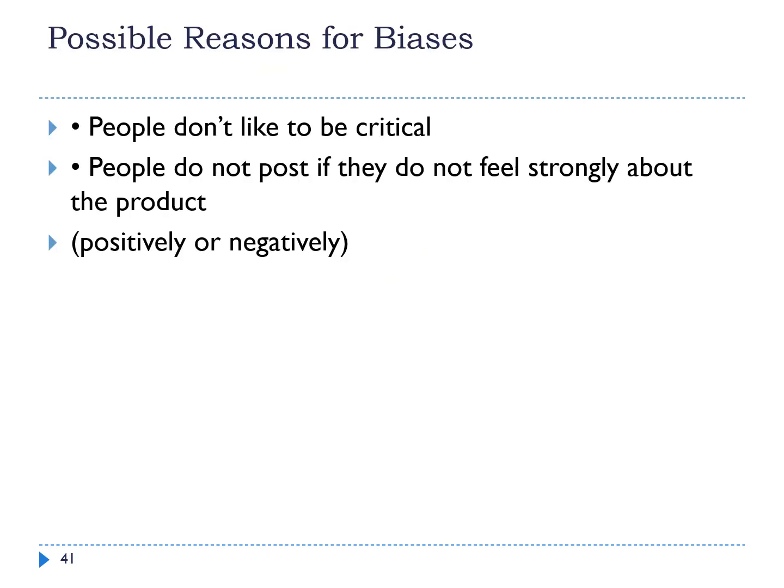This is because people just don't like to be critical. Usually, people do not post if they do not feel strongly about the product. So the reviews are more linked to positive or negative reviews instead of in the middle.